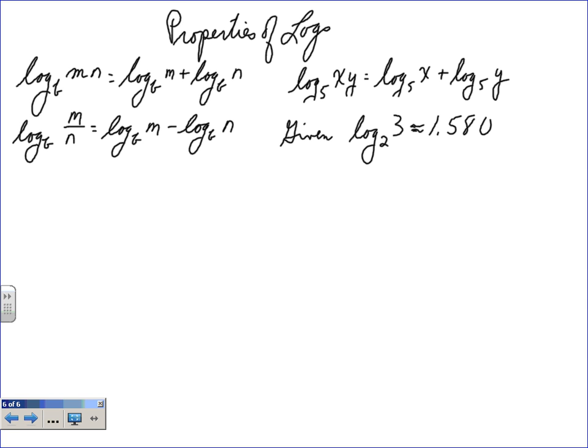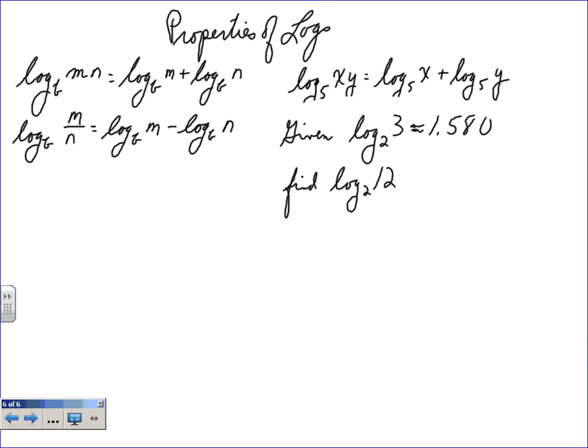By the way, these logarithms are non-repeating, non-terminating decimals. They're irrational numbers. Okay? All right. Find log base 2 of 12. And use the given information.